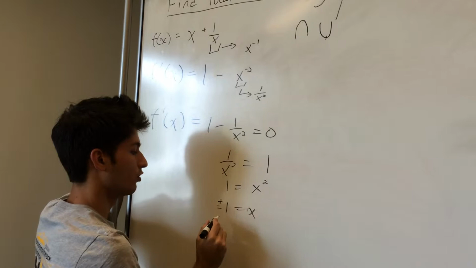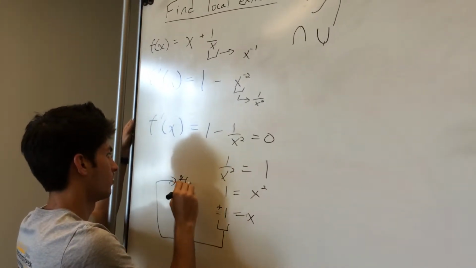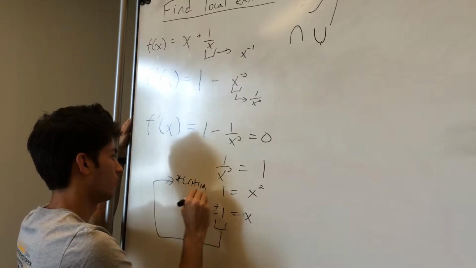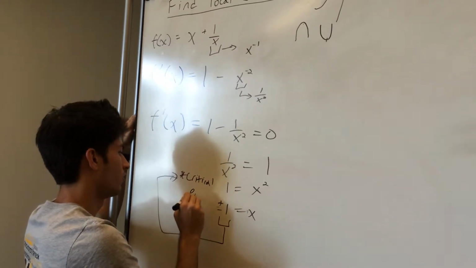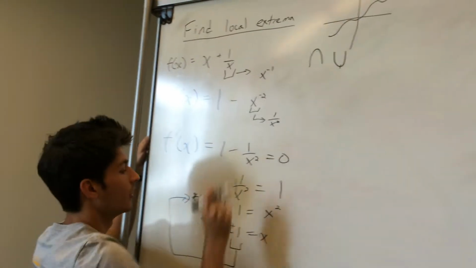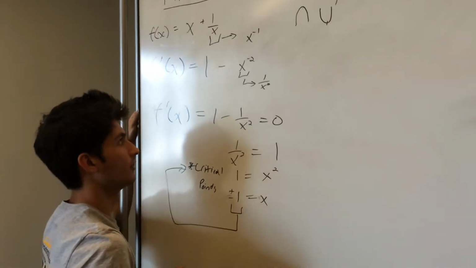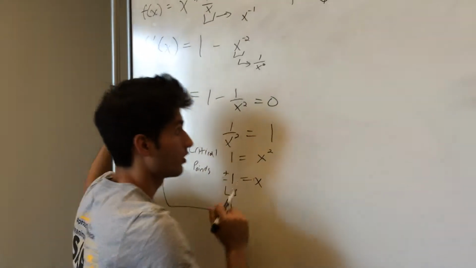These are our critical points. So that means on the original function, at positive and negative 1, the slope is 0, so these points are our maxes or our mins.